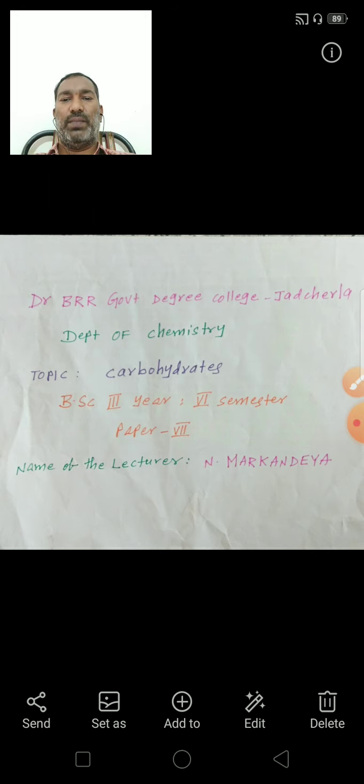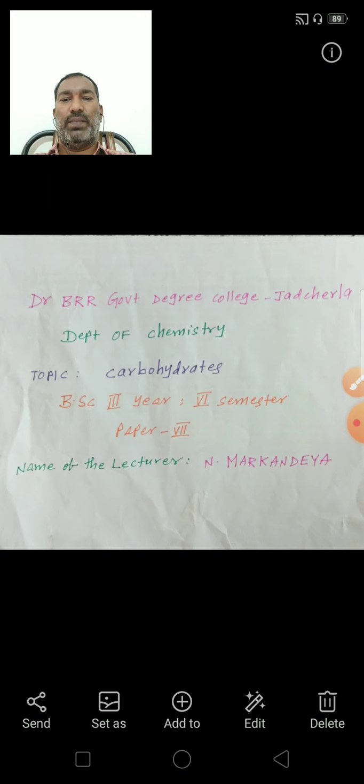Fischer took D-glyceraldehyde as the basic unit of carbohydrates to arrive at the configuration of sugar molecules.